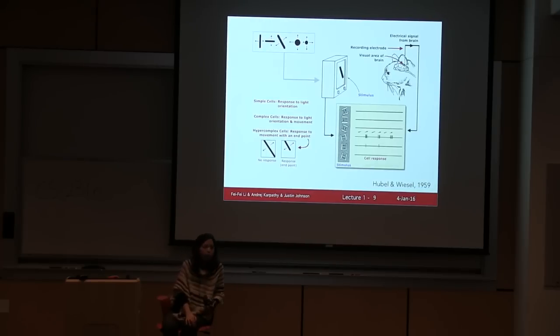And even though the discovery was in the late 50s, early 60s, they won a Nobel medical prize for this work in 1981. So that was another very important piece of work related to vision and visual processing.